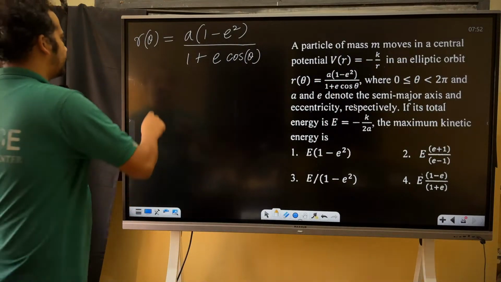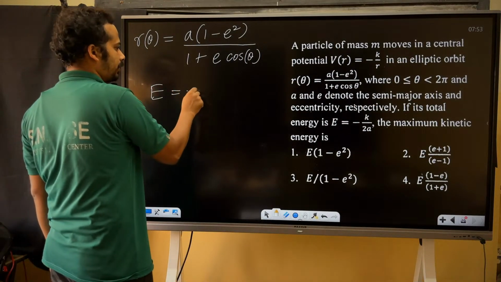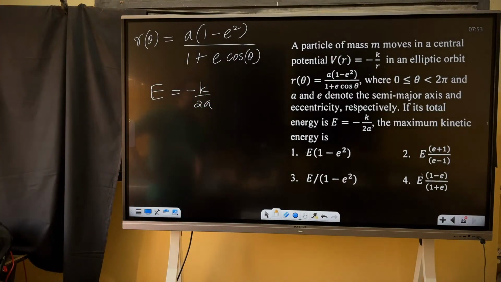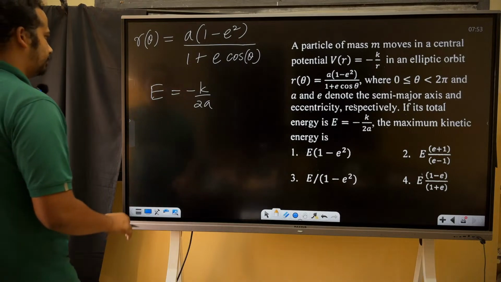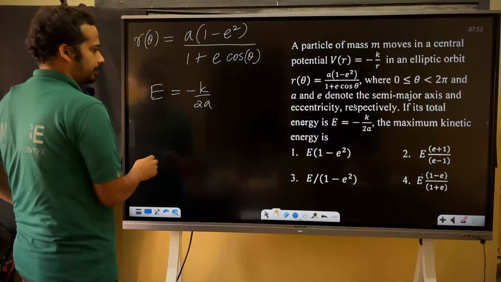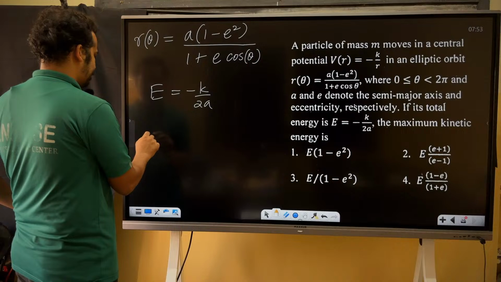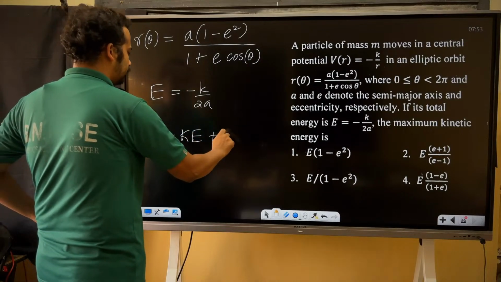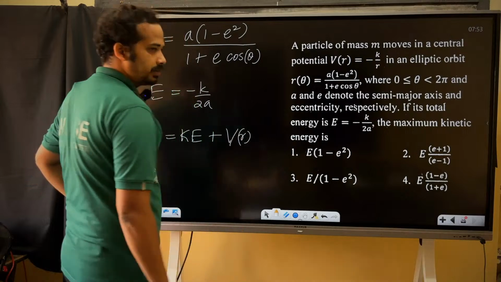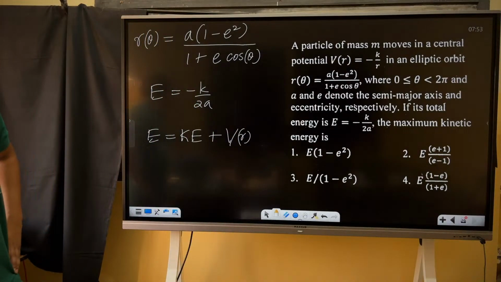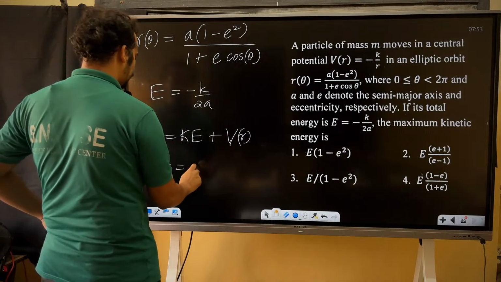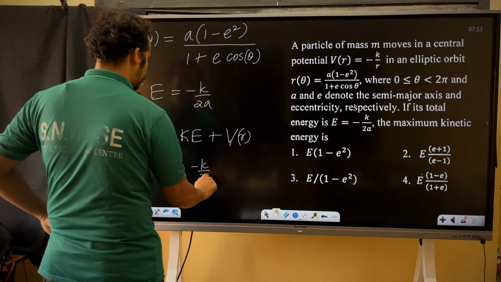If the total energy equals minus k by 2a, the maximum kinetic energy is... Energy is equal to kinetic energy plus potential energy. Energy is minus k by 2a.